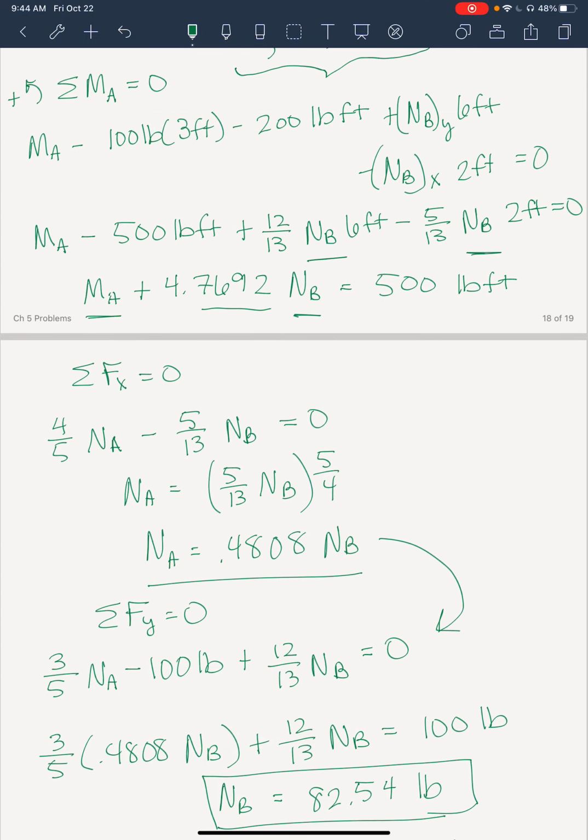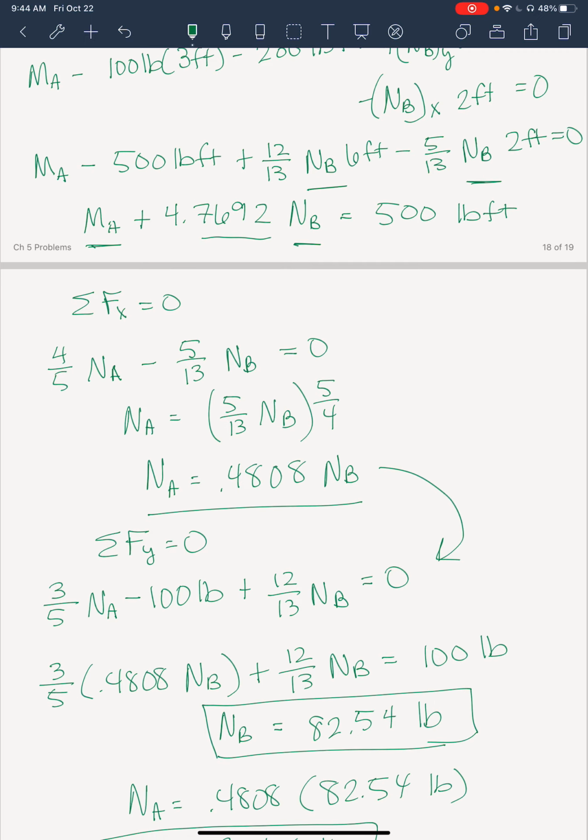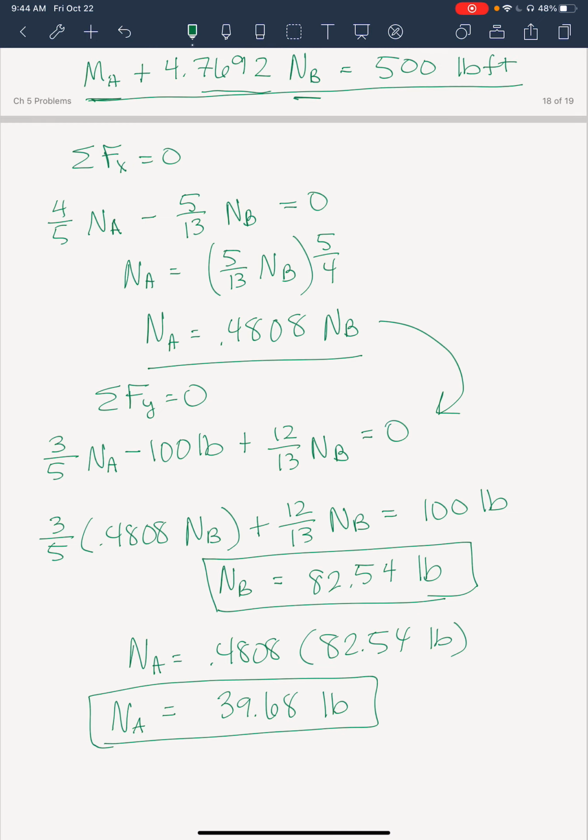And then the last thing is for that MA, for the moment, we need to plug it into this formula up here. So MA equals 500 minus 4.7692 times MB, so that's 82.54.